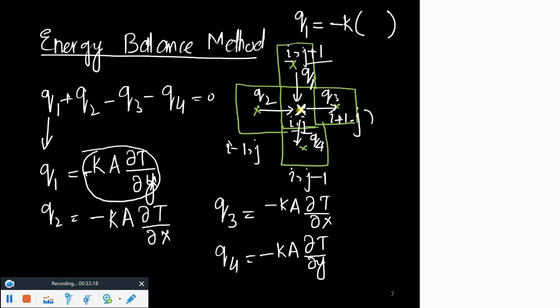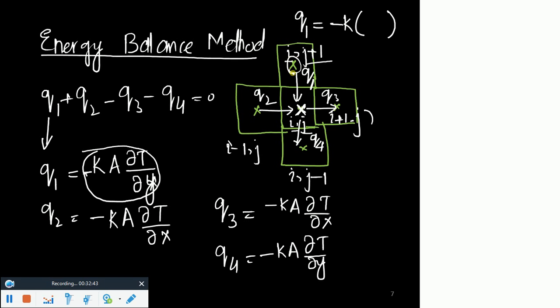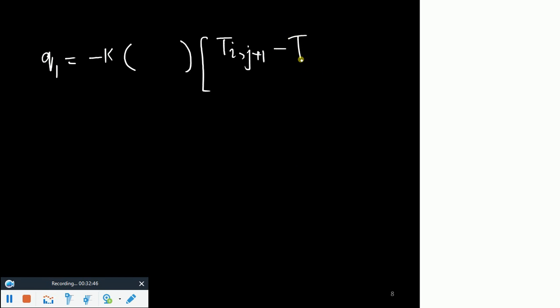Here to here. You understand that? So this is T1 and this is T2. Let me write it over there. So this Q1 would be equal to minus K, there would be some area term, and then I can write it as Tij plus 1, this is the index of this node, minus Tij, divided by delta Y.